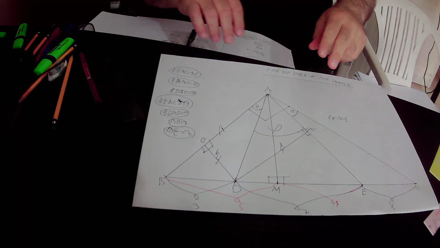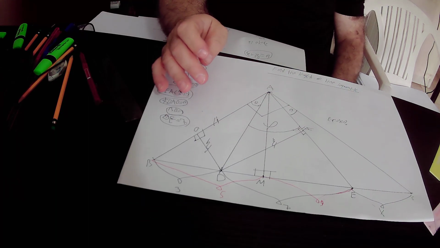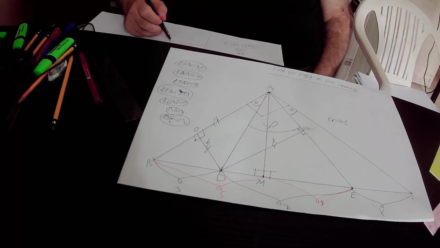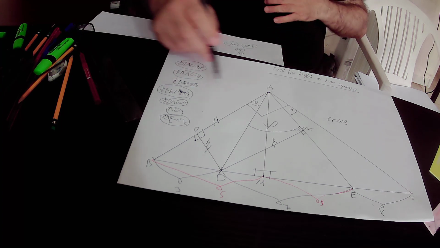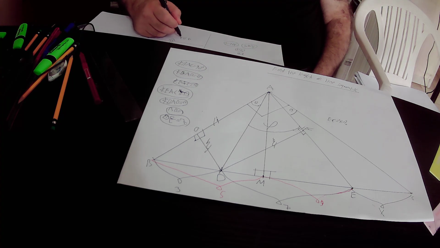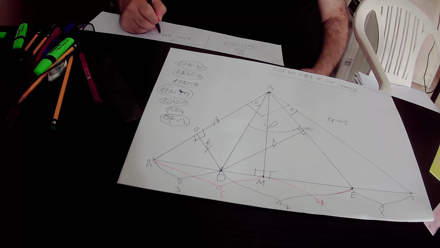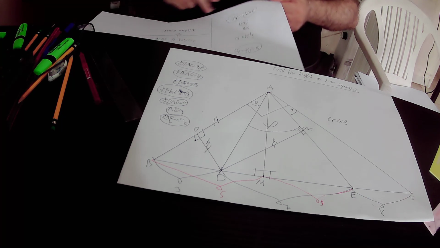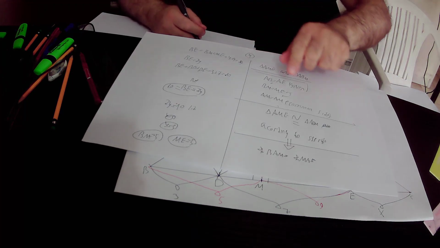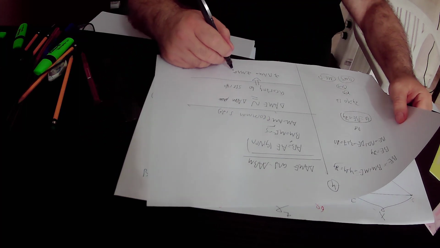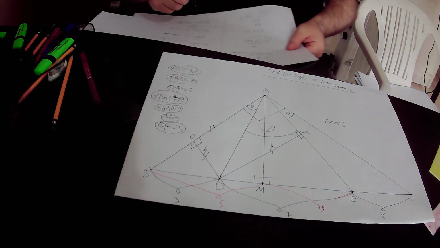And from the fact that those two triangles are congruent, we conclude that angle BAM is equal to angle MAE, according to the rule that corresponding angles in congruent triangles are equal to each other.